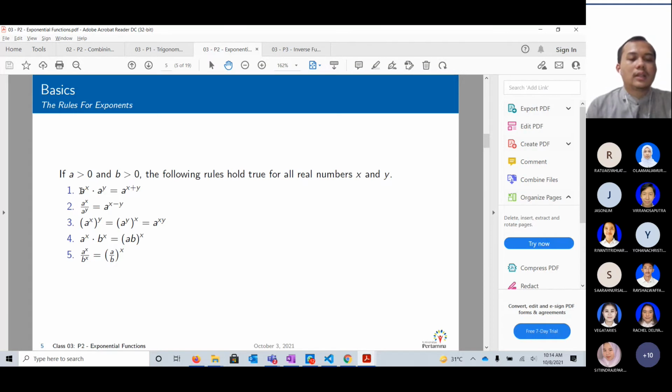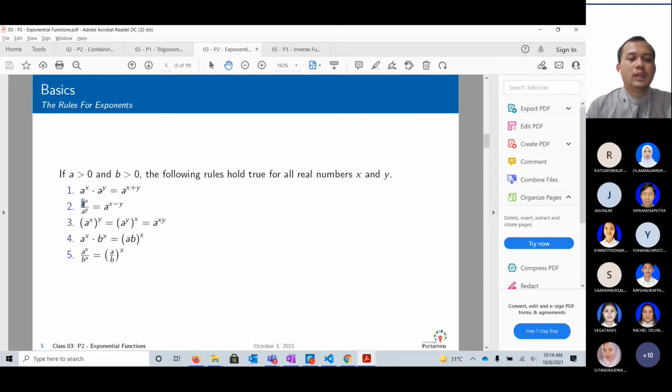Meaning that, if we have a power x times a power y, the bases are the same. The base is a. Then in this case, it equals a power x plus y.